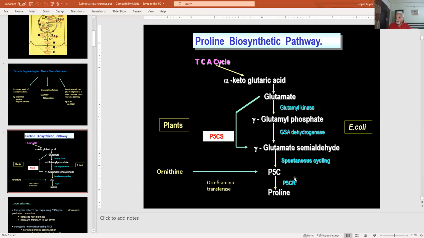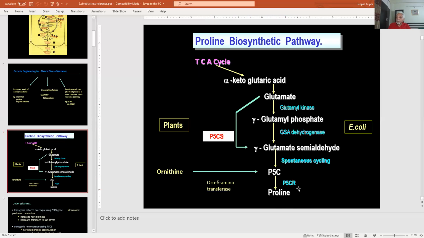This corresponds with the observation I told you, that plants over-accumulate proline under stress conditions. That is because of the switching on of this pathway by this enzyme, and you see more proline getting accumulated. So this was the pathway which was worked out.